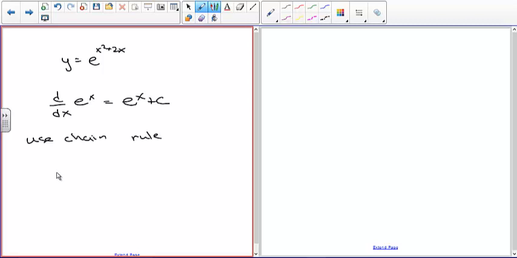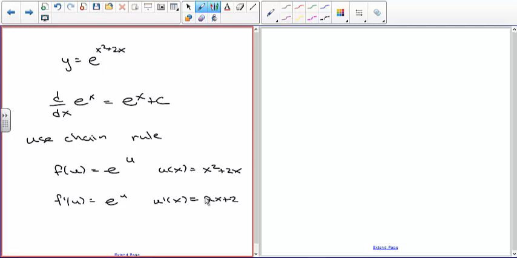Chain rule, f of u equals e to the u. u of x equals x squared plus 2x. So we take the derivative of this. Well, the derivative of e to the x is e to the x, then the derivative of e to the u is e to the u. The derivative of the argument or the exponent is 2x plus 2.